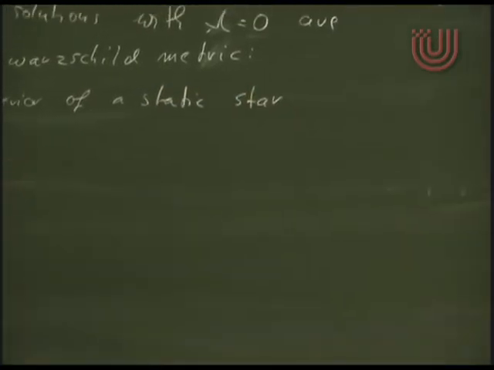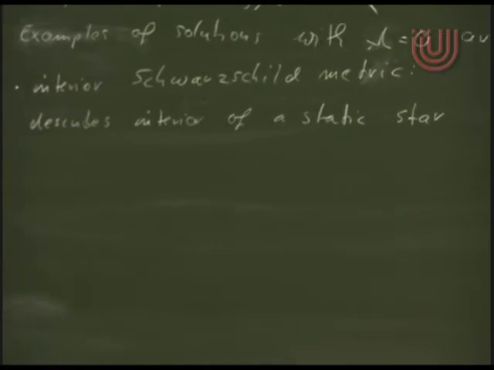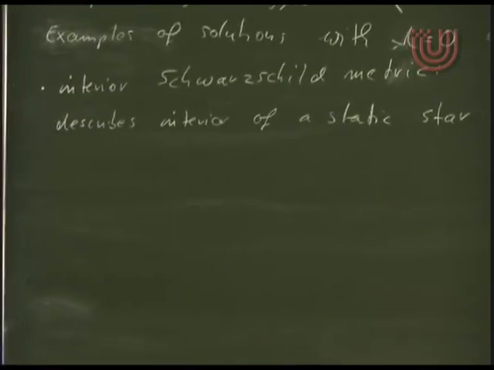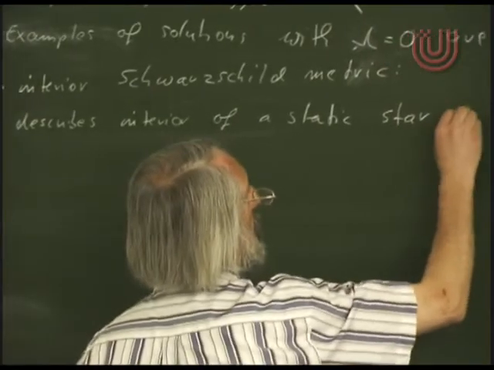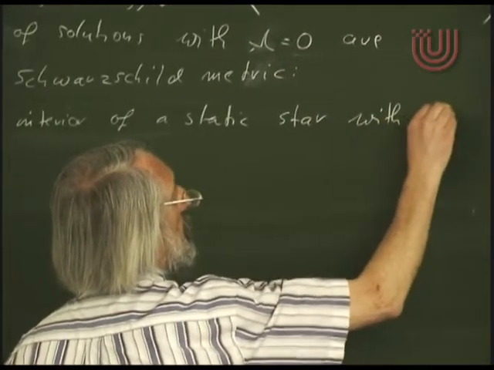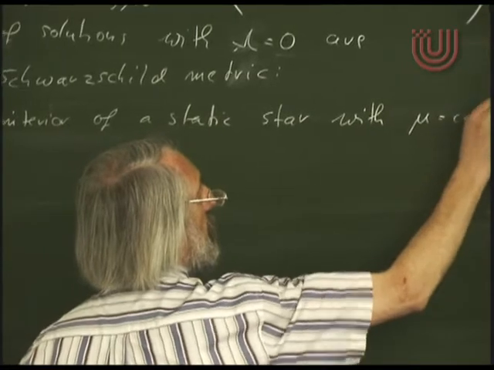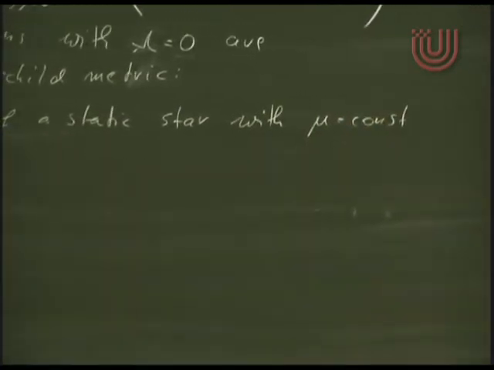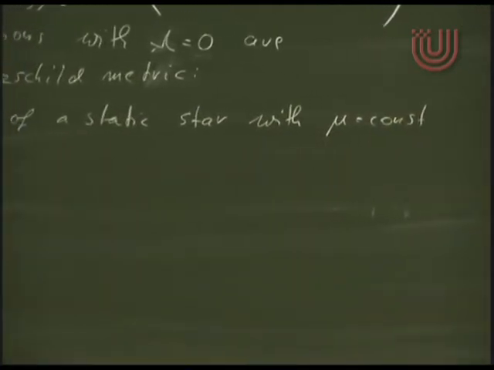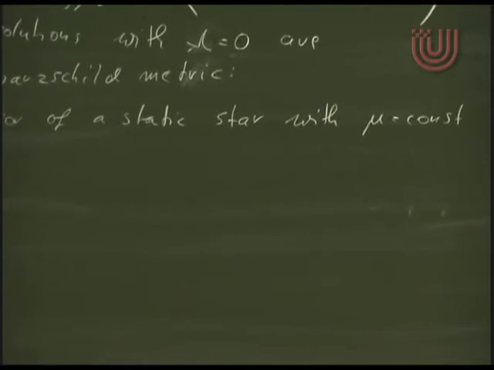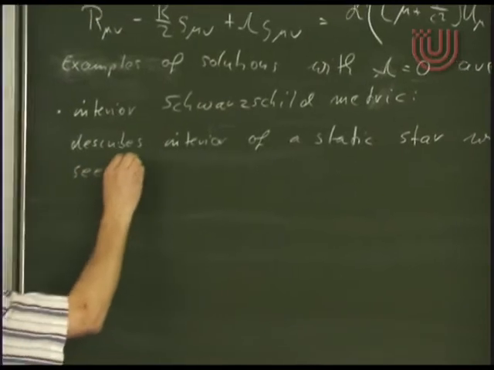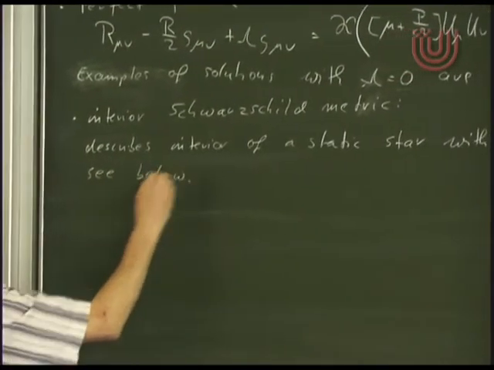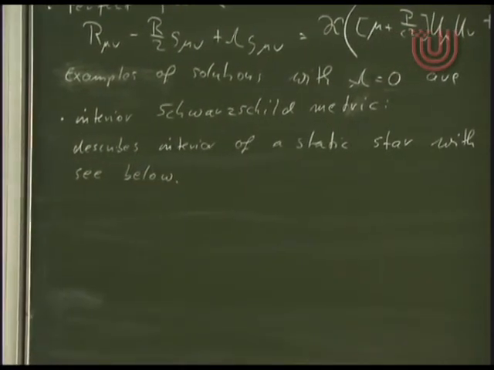And actually, Schwarzschild made the additional assumption that the mu is constant. So that's what he called an incompressible fluid, a static star with mu equal constant. I will talk briefly about the interior Schwarzschild metric. I will not discuss it in detail, but I will make a few remarks after we have discussed the exterior Schwarzschild solution. So I will come back to this.